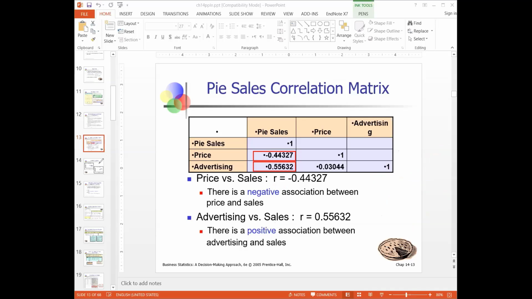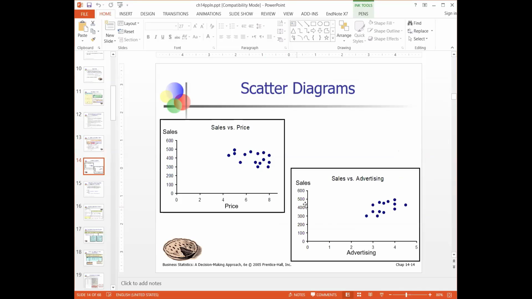Okay. So what he is doing is trying to see the values in the graph. Let me load the graph. So here we can see the pattern shown in these dots. It looks like this, that's why the dots are going downward. So it means the sales and the price are negatively associated.